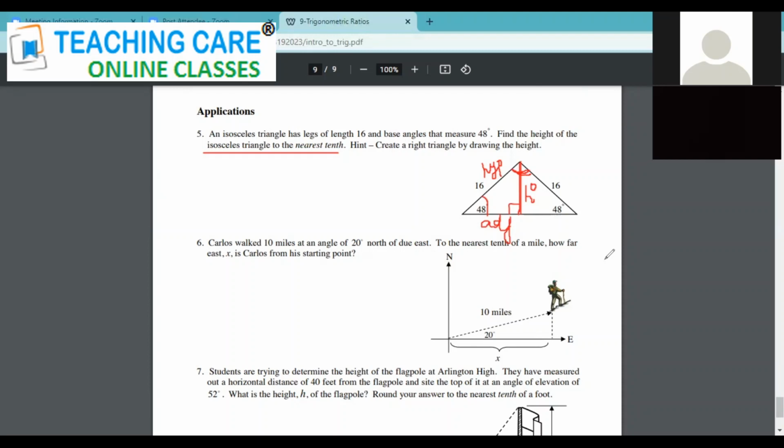So you have hypotenuse and the angle is given. You have to find the opposite side. So which trigonometric ratio you will use? Any idea? Sine. Yes, sine. Okay, good. Sine 48 equals, you can calculate it.